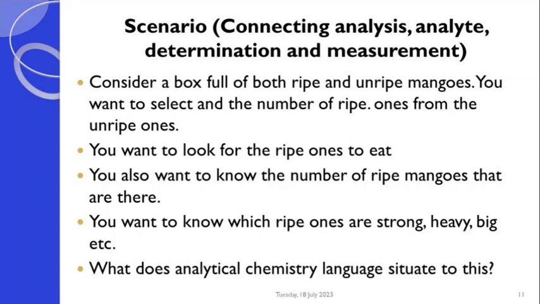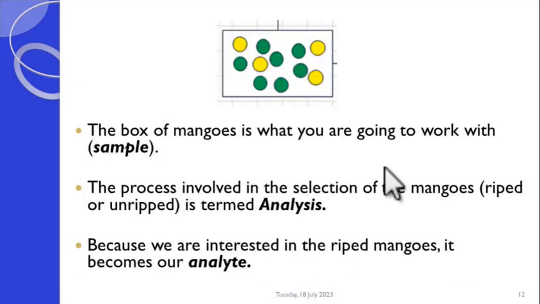I.e., analysis, analyze, determination, and then measurement. What we have here is a box that is representing the box, comprising these yellow colored balls and then the green colored balls.